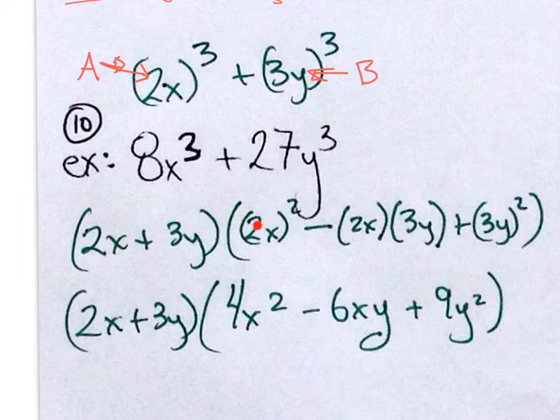Common mistake, students forget that the 2 is actually squared, right? So we get 4x squared, and they forget that the 3 is actually squared, so we end up with 9y squared. And I know you get to this part and you think, ooh, this is probably factorable, but it never is. So I may take a look at it, maybe it will be, but probably not. So there you go. This is the factored form.